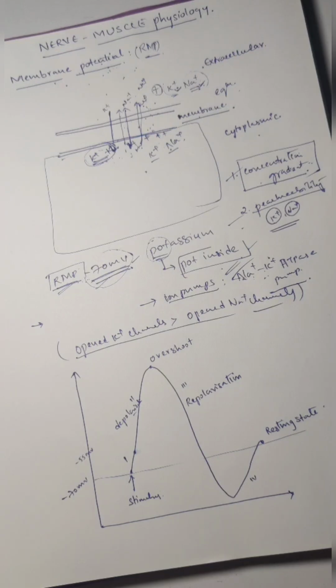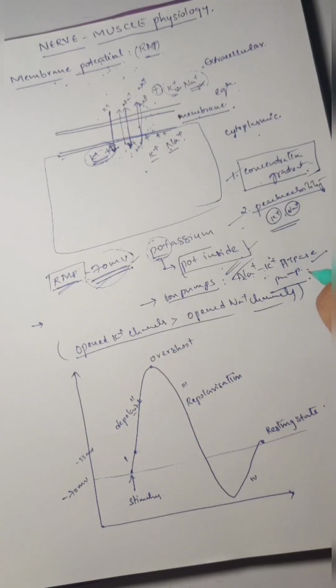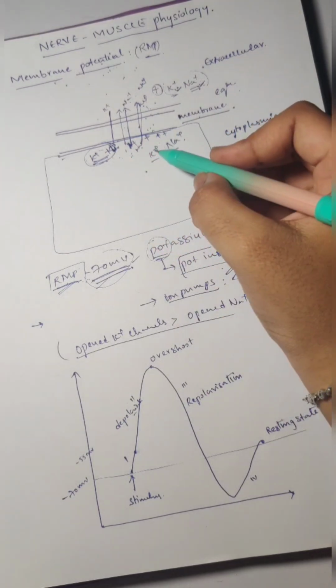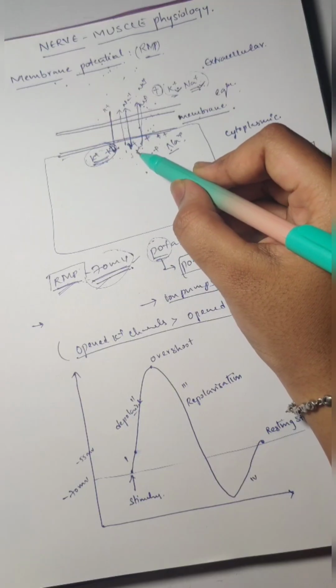Who is carrying out all of this, potassium ions inside and sodium ions outside? The sodium potassium ATPase pump. Since it pumps more potassium inside and sends sodium outside, potassium ions are more inside when the cell is at resting membrane potential.